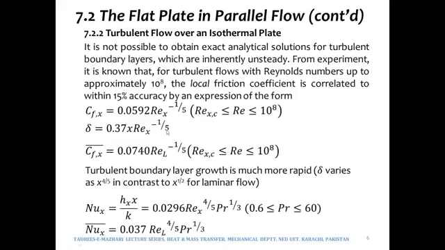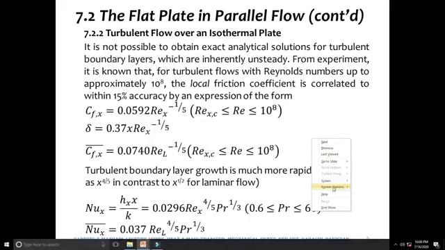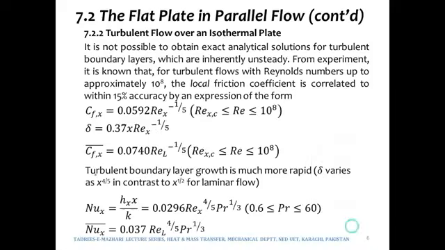So we would have x raised to the power minus 1/5 over here, and we have x over here as well. If the base is the same and multiplication is taking place, then the powers get added up. So it would be x to the power 1 minus 1 by 5, therefore x to the power 4 by 5.